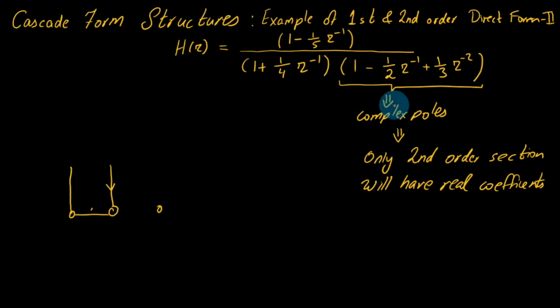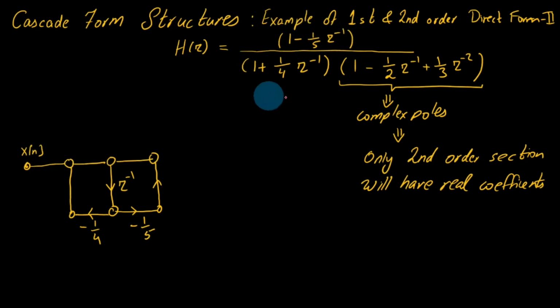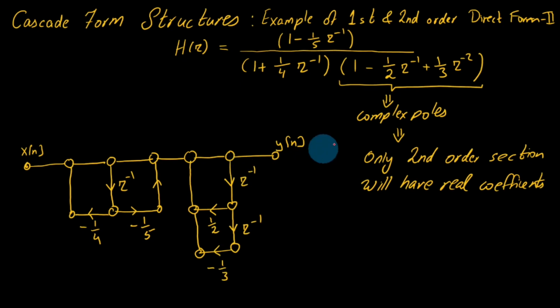So in that case, we're going to draw this part again with poles first in type 2 followed by zeros over here and then 1 over this part but in the second order form, and this is over here. Now since this is a pole type representation, this minus 1 by 2 would change to plus 1 by 2, 1 by 3 would change to minus 1 by 3. This is A1 and this is A2.